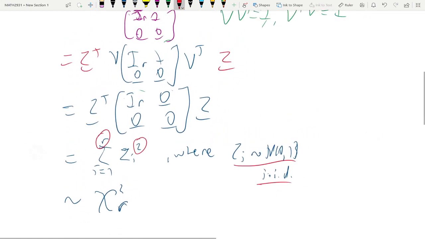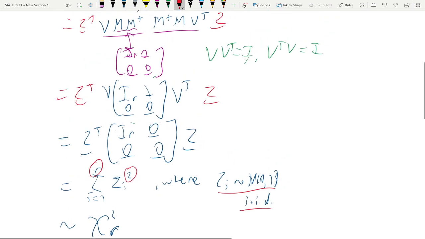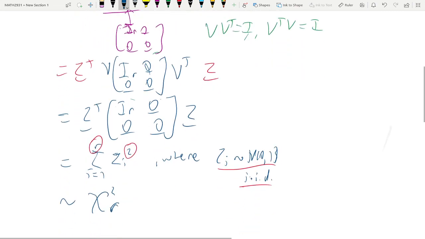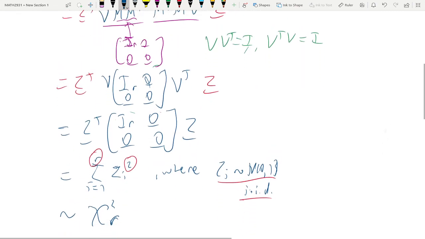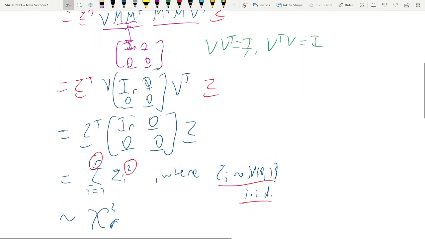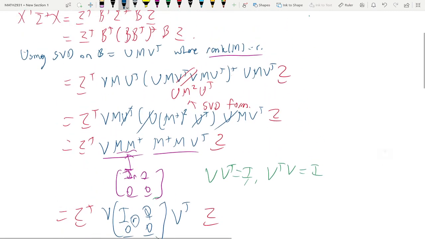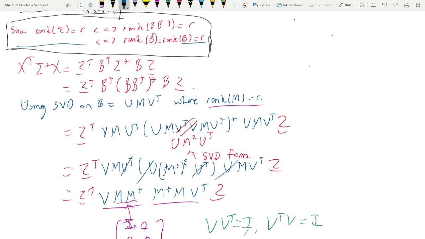As you can see, the most important part of this question really was the algebra breaking down, recognizing how to break down the matrices efficiently. The biggest thing is that the fact that it's R here comes down to the rank of the original matrix being R, and the original matrix is represented in this form.